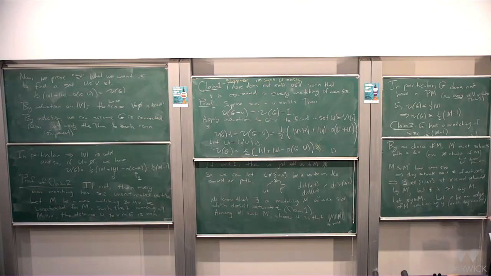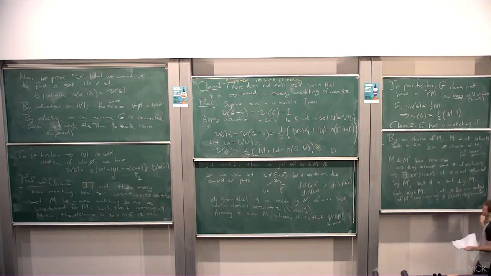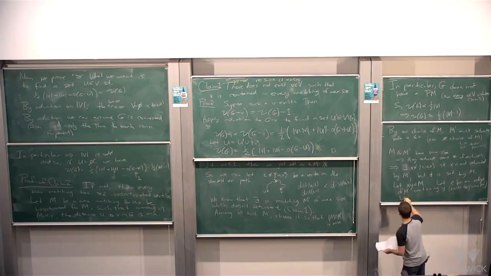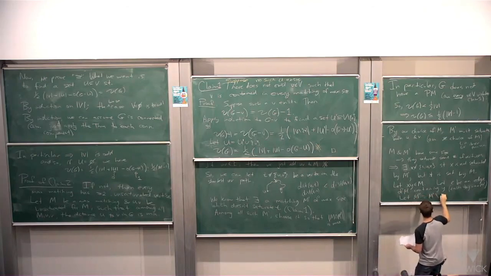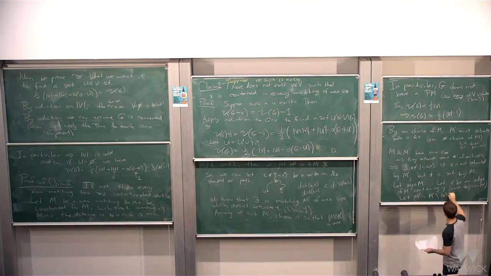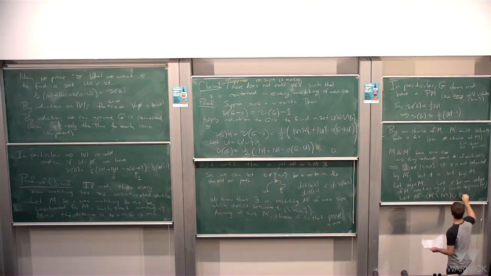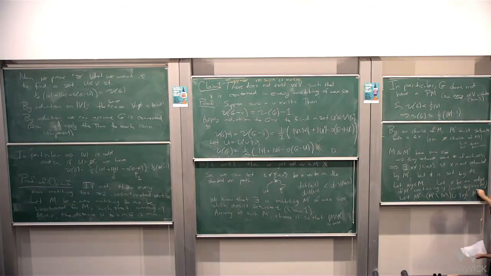Because otherwise I would just add the edge XY into M prime. Let M double prime be M prime, delete the edge E and add the edge XY, and we will have that M double prime intersect M is greater than M prime intersect M, okay? And still, the vertex T is not saturated. It has all the properties that we asked of M prime, and so this will be a contradiction.